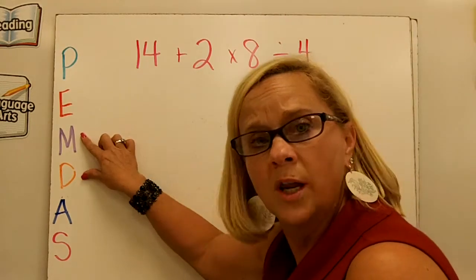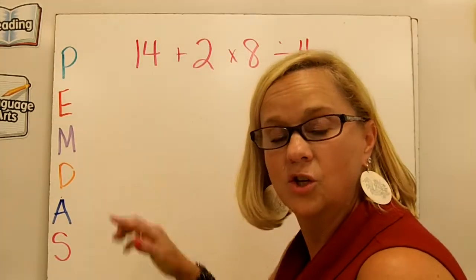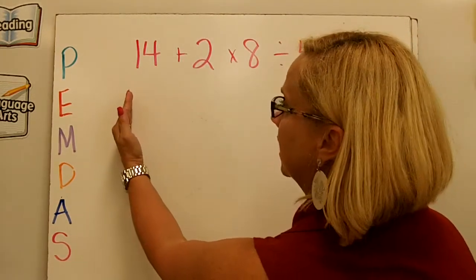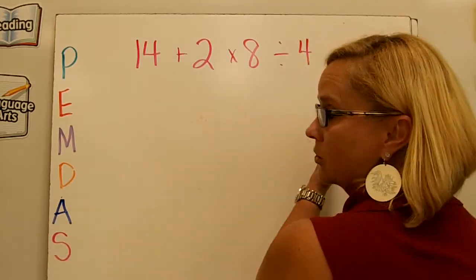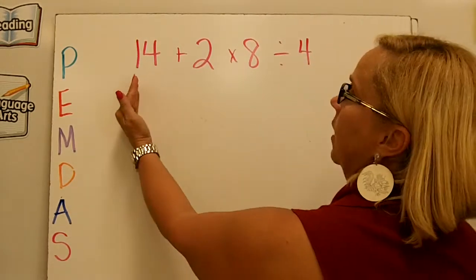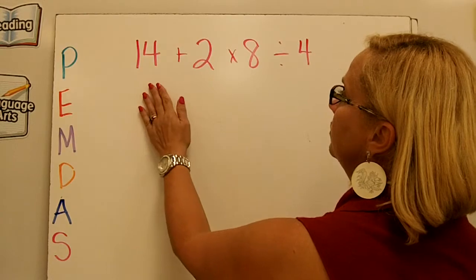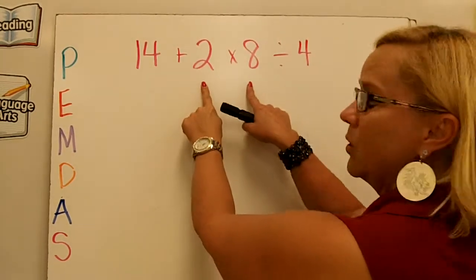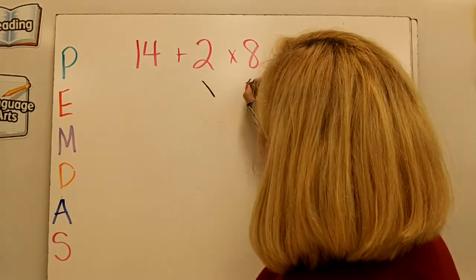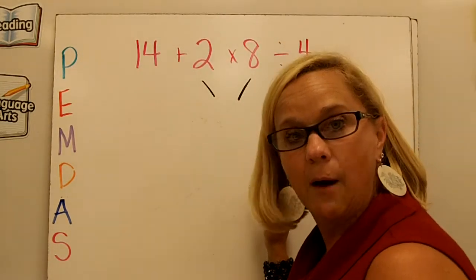Now, when you're working with multiplication and division, you're always going to start like you're reading a book. You're going to start on the left and move in and work to the right, and stop when you come to multiplication or division. So I'm going to start here on the left, and I'm going to move in, and I notice I have a multiplication problem right here, 2 times 8. That's my first step in this problem, so I'm going to solve that one.